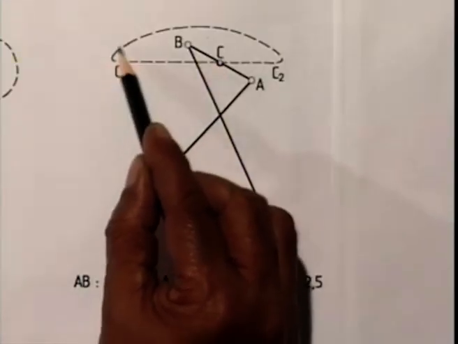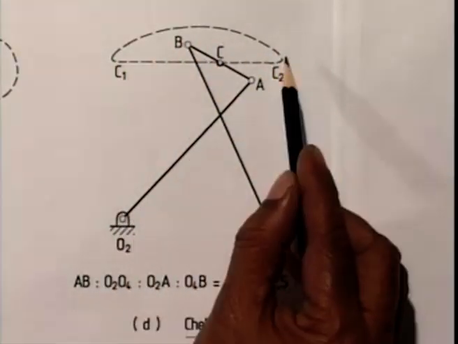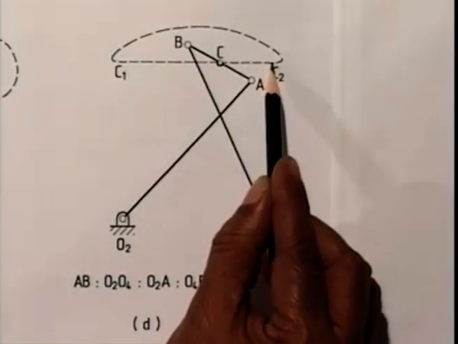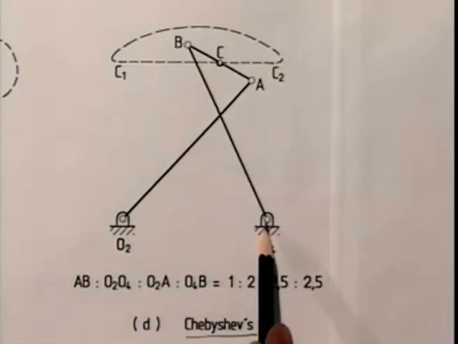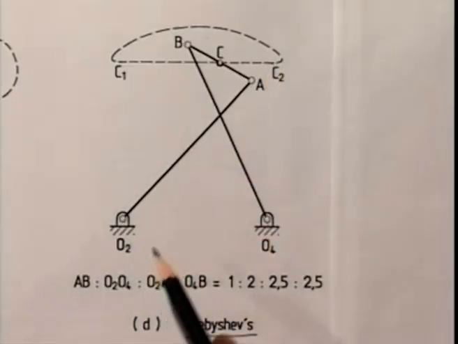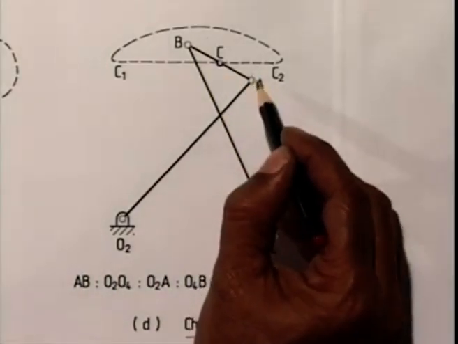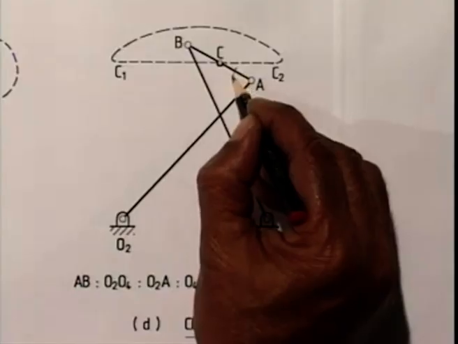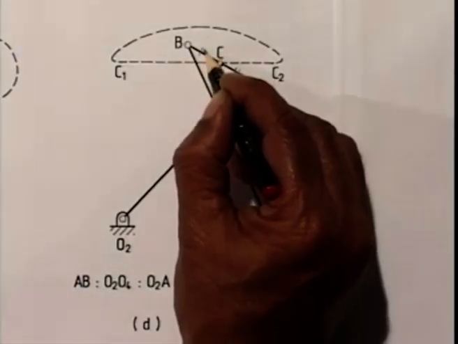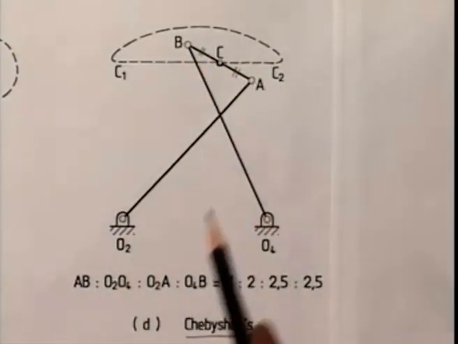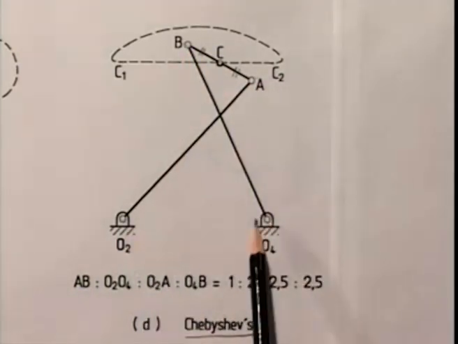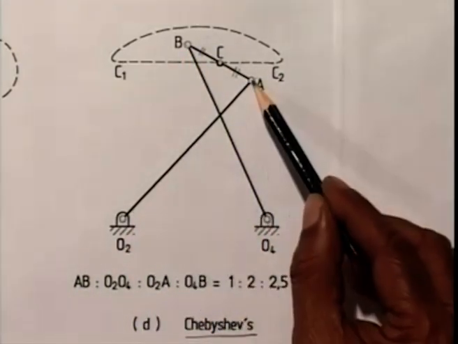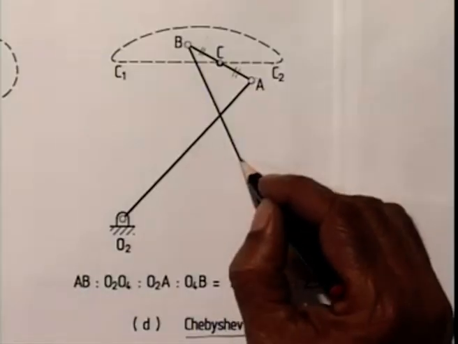The entire coupler curve looks like this D-shaped curve with a fairly horizontal portion which is parallel to O2O4. In this Chebyshev's linkage, the link lengths are as follows. C is the midpoint of the coupler, that is AC is same as BC, and O2A is same as O4B.